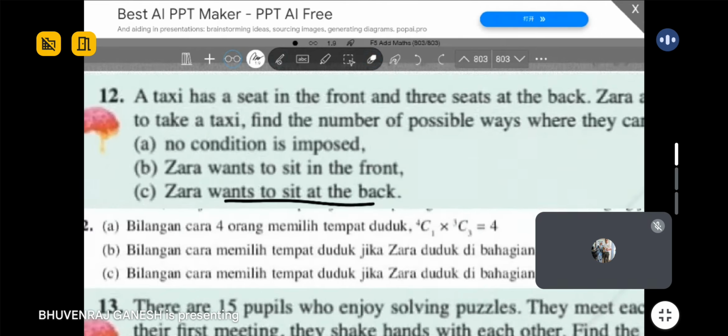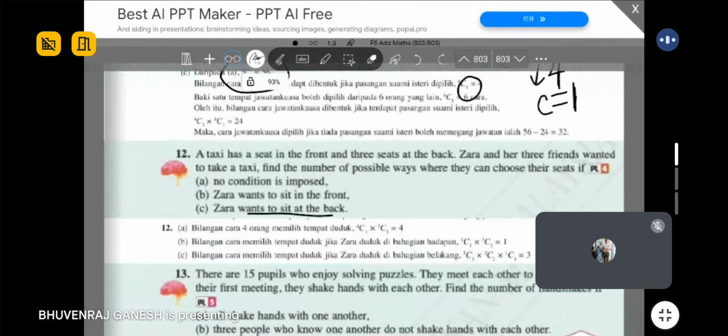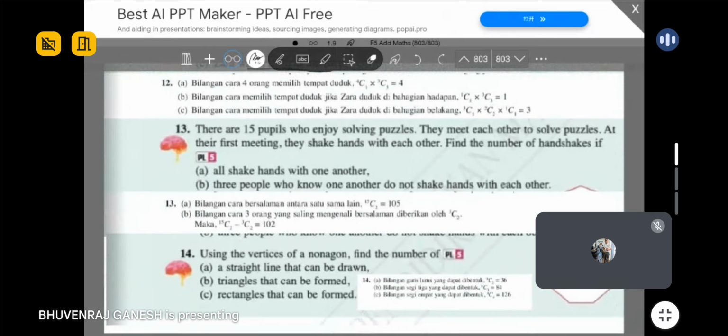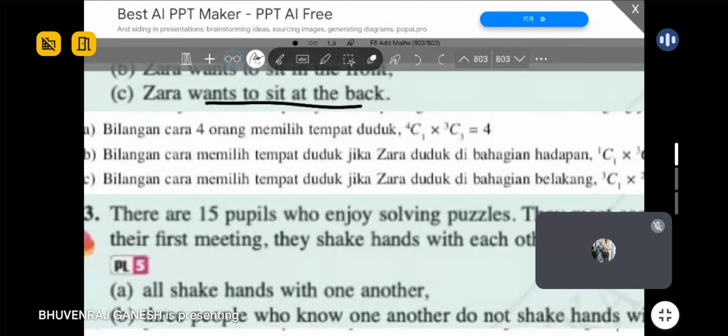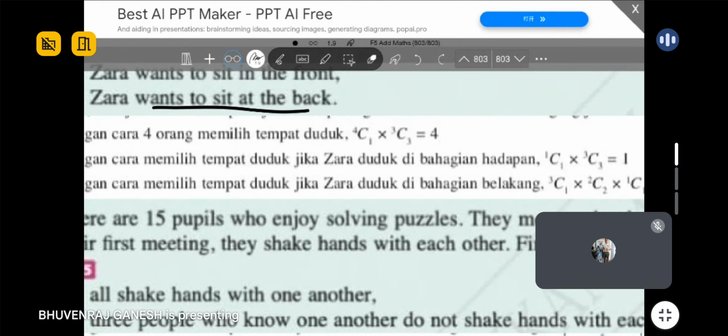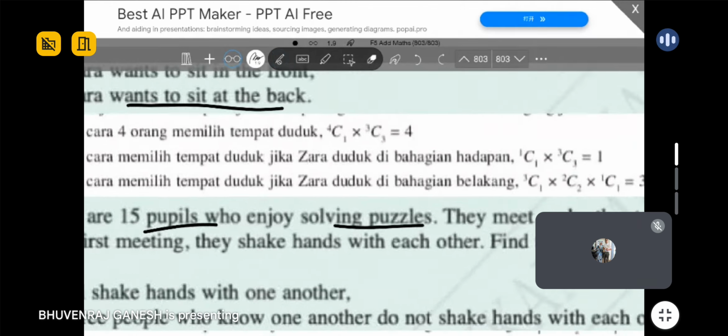Second last question guys. Okay, 2 more questions left before we end this chapter. We will finish chapter 4 now. Okay, so there are 15 people. They like to solve puzzles.